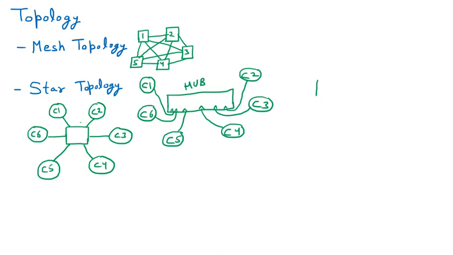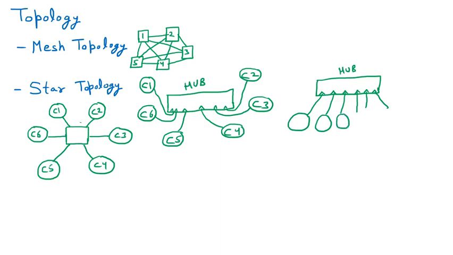And if I make the proper diagram, which is present in so many books, this is the hub, and in the hub, let us suppose six ports are there. Then from that, we take out the computers. So now we can easily say that the hub is the representation of the star topology.